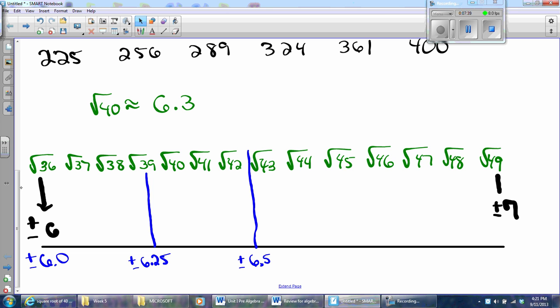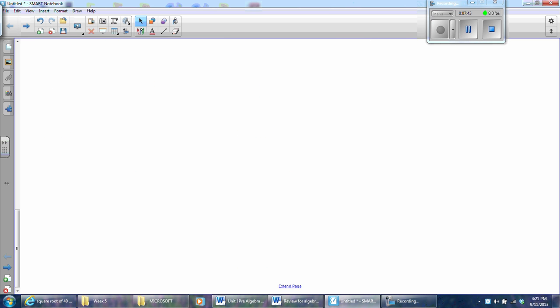Okay, let's try another one just so we have an idea what's going on. Let's say I want to estimate the square root of 23. Well, I have to think to myself, what two perfect squares is that between?